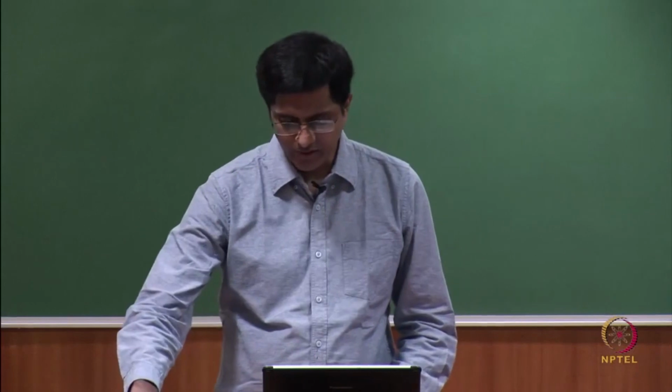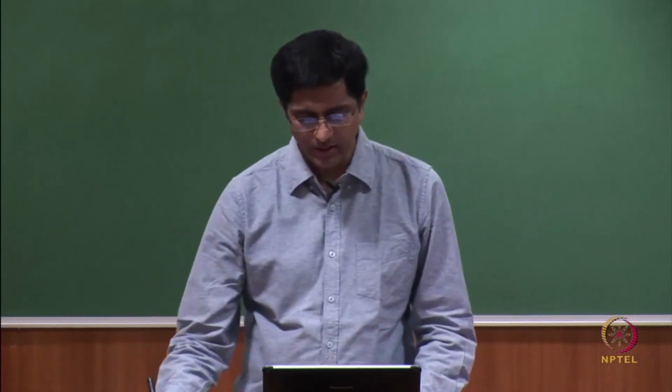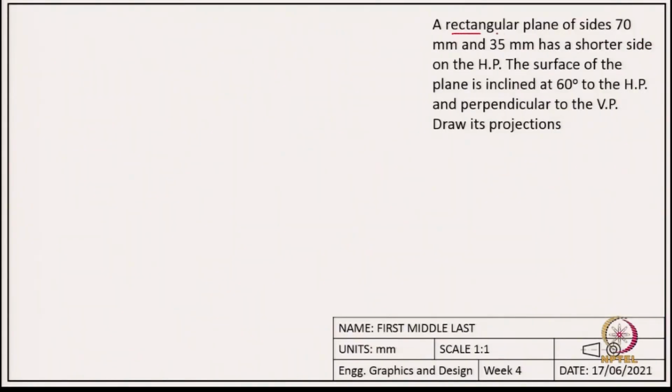So, here is a question where it talks about a rectangular plane with sides of 70 and 35. It says that the shorter side is on the horizontal plane. The surface of the plane is inclined at 60 degrees to the horizontal plane, and it is also perpendicular to the vertical plane.